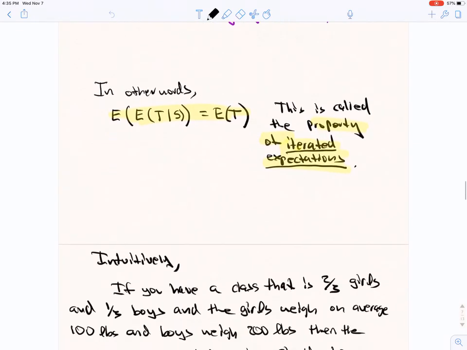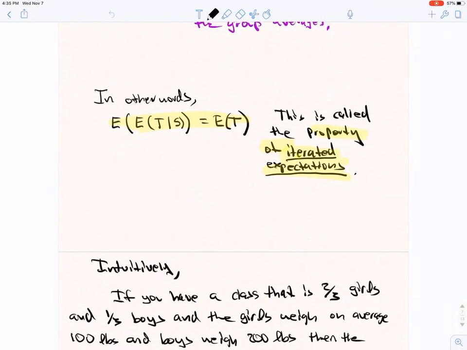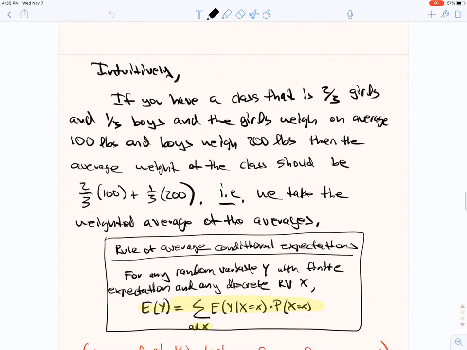So this is the property of iterated expectations. The expectation of the conditional expectation is the expectation of T. And it's kind of intuitive. If you have a class that's 2/3 girls and 1/3 boys, and the girls weigh 100 pounds and the boys weigh 200 pounds, then on average, the weight of the class should be 2/3 times 100 plus 1/3 times 200.